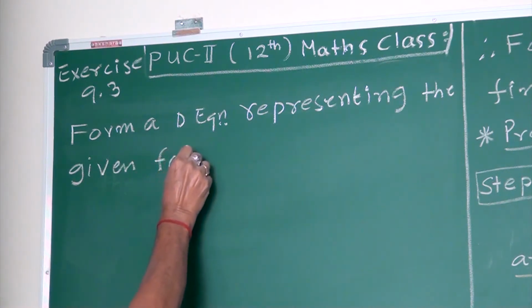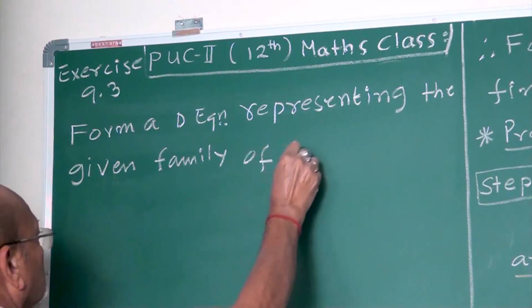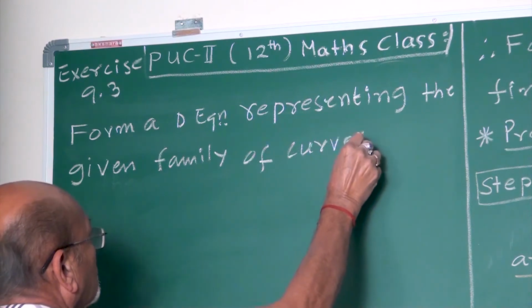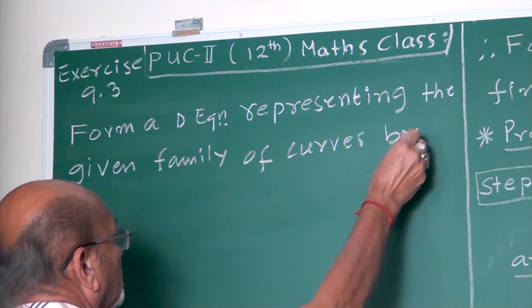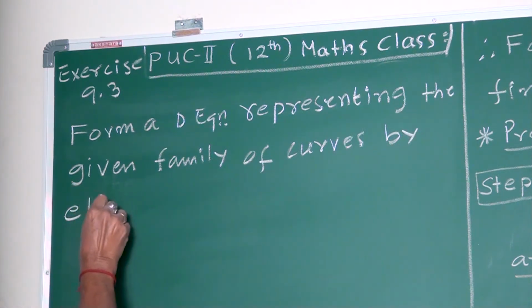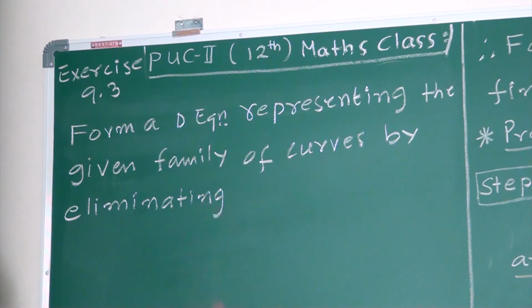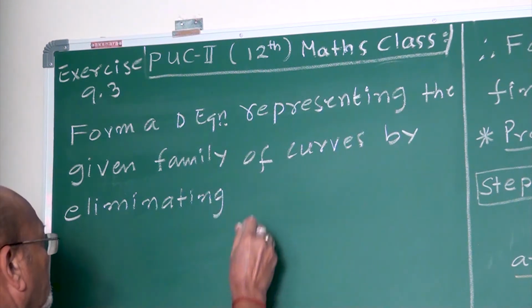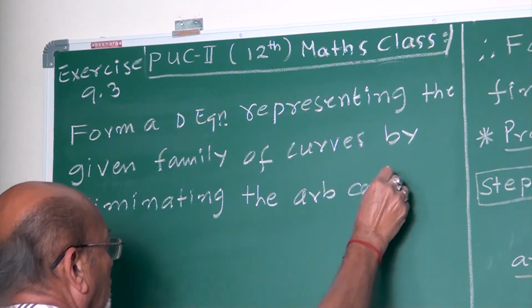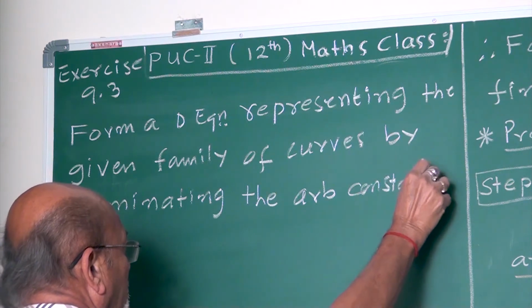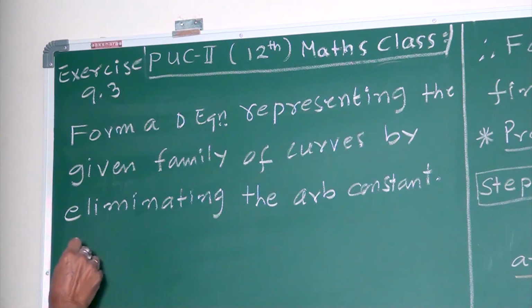Family means it is given in the form of an equation. Yes, my friends, it is a solved example in the textbook.